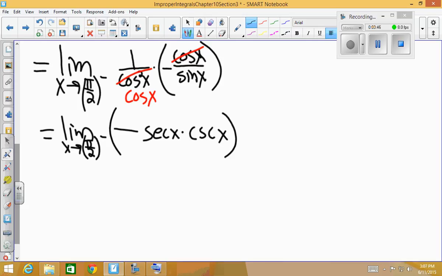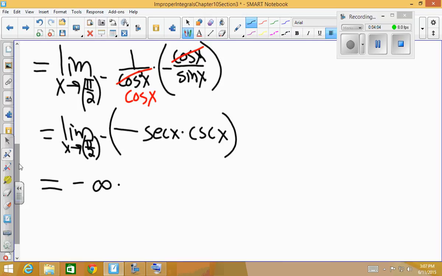If we evaluate each one of those, we find that as x approaches pi over 2, the secant of x approaches infinity.